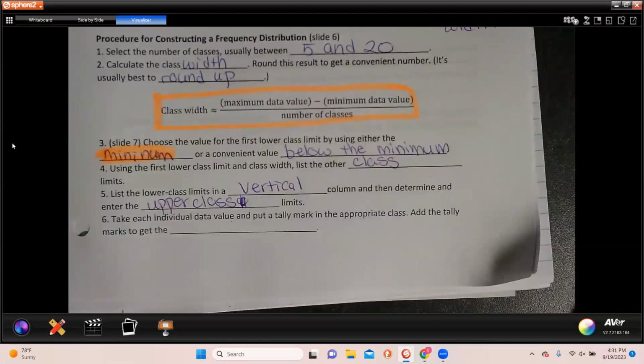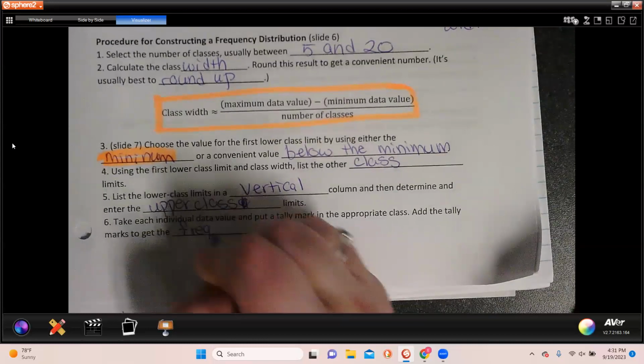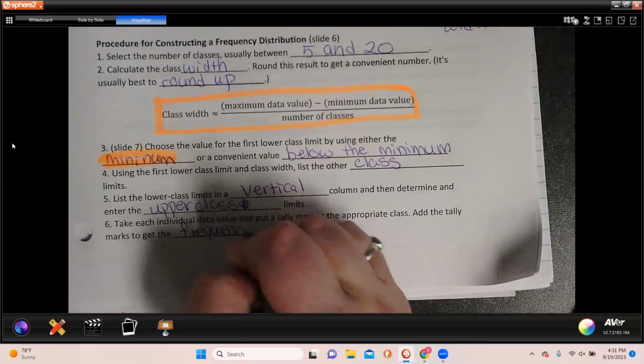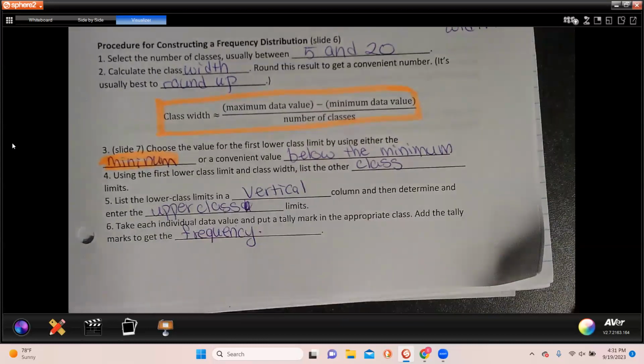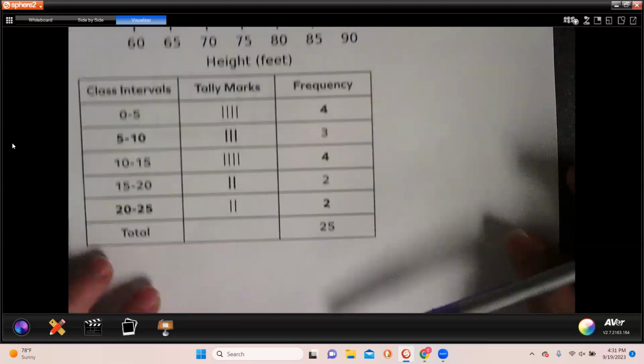Once we've done all of this, we will take each individual data value and put a tally mark in the appropriate class, then add the tally marks to get the frequency. All right, so this is a lot of words. Let me show you what I mean. All right, so here is a frequency table right here.